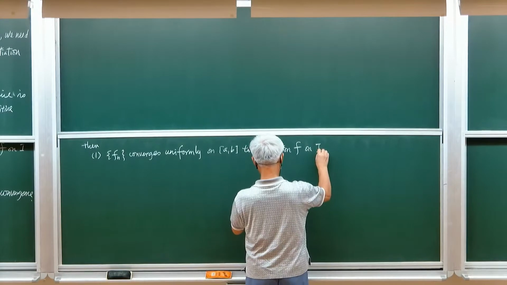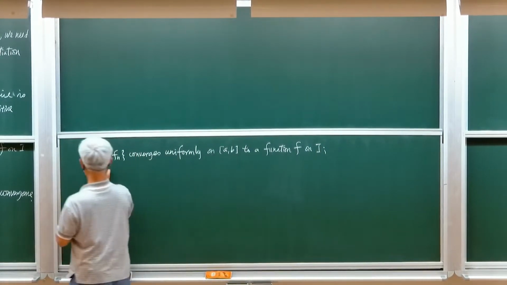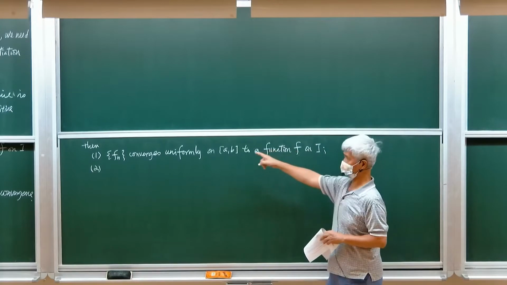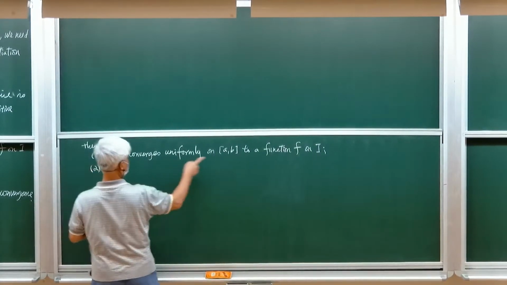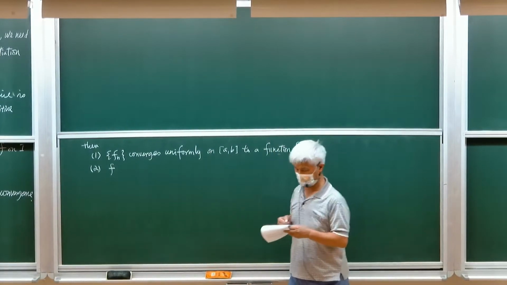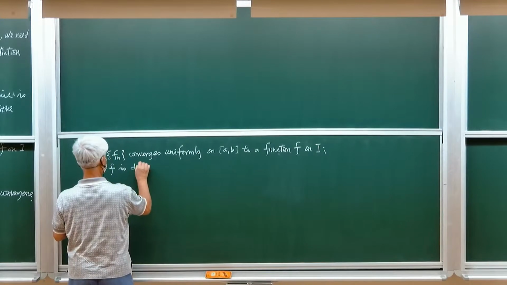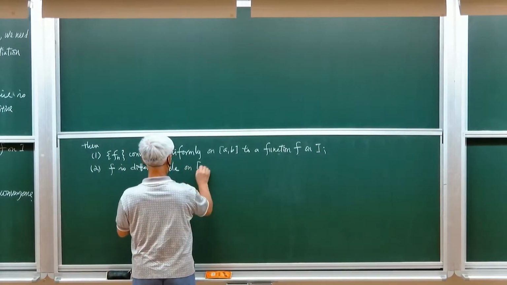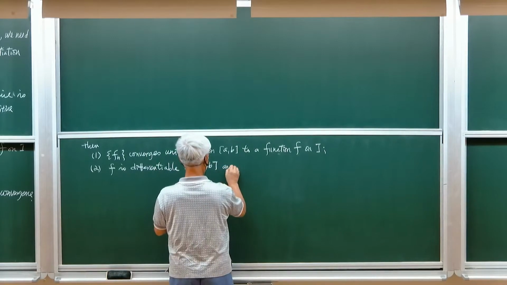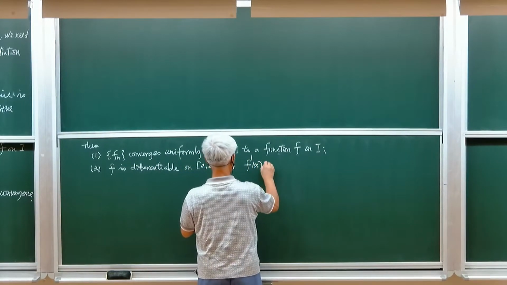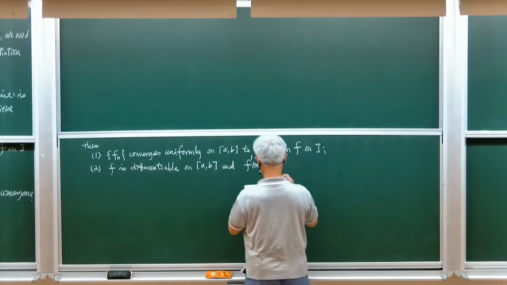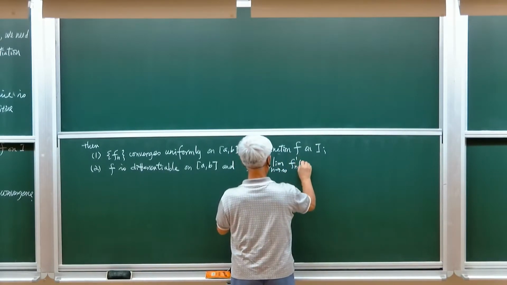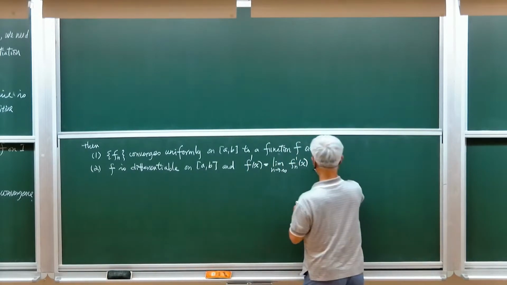Second, the limit of this sequence of functions, f, is differentiable on AB, and its derivative is the limit of the derivative of Fn for all x in AB.